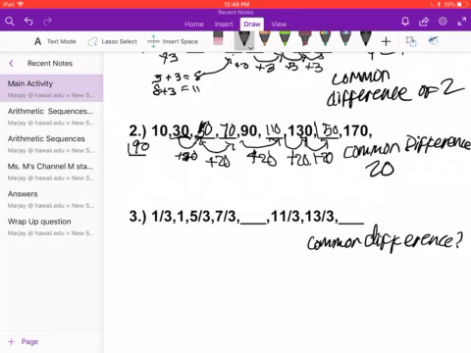How do we know how much was added from here to get to 1? We can figure that out by subtracting the previous number from the next number, right?